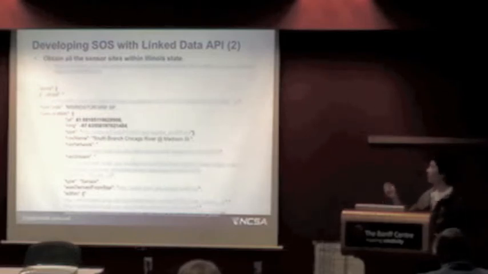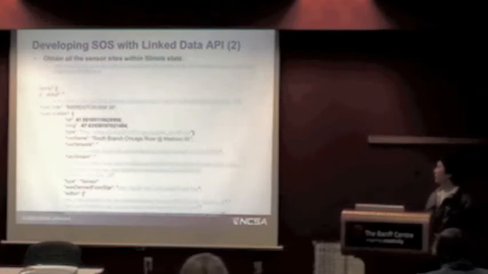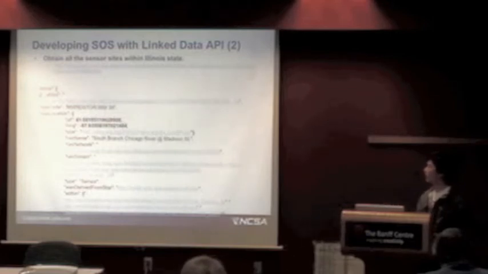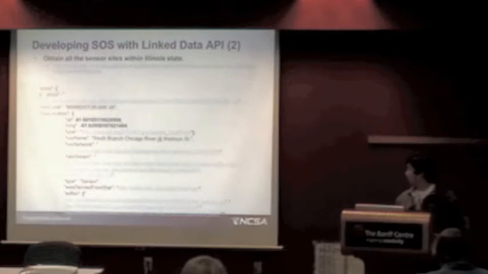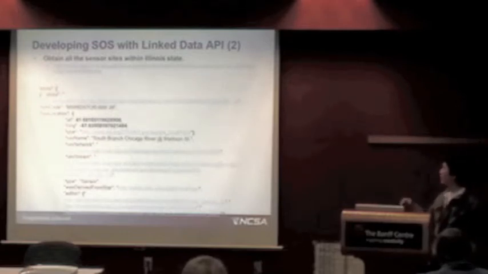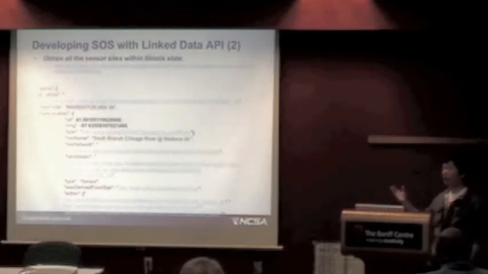It has a link to the agency which provides this data. It has links to all the spatial features, states, county, and watershed, which contain this sensor. So we can use this to explore the whole data set, explore the whole linked sensor web.